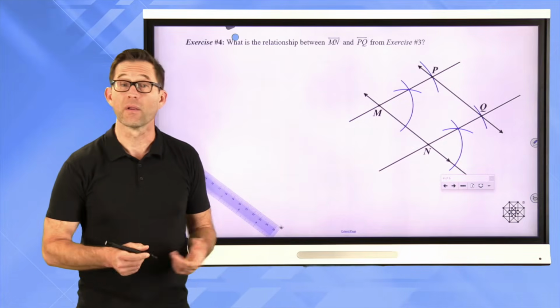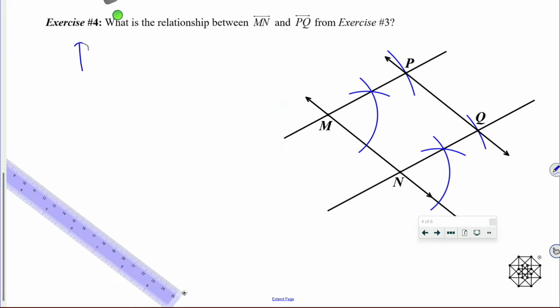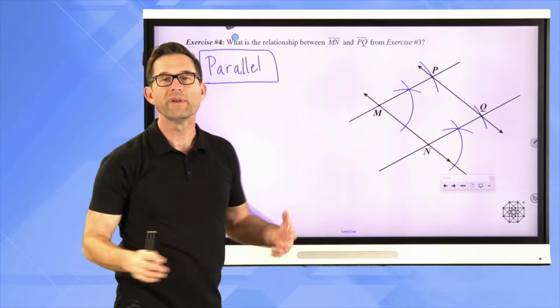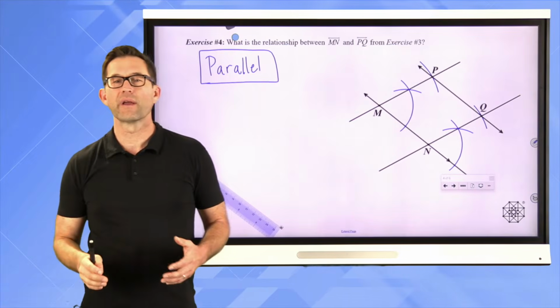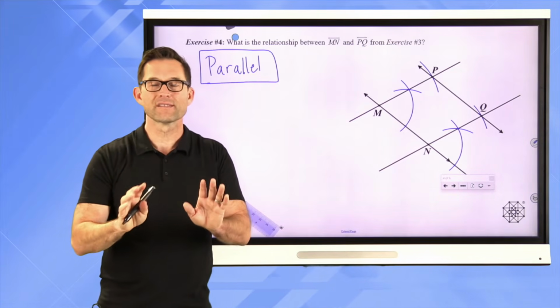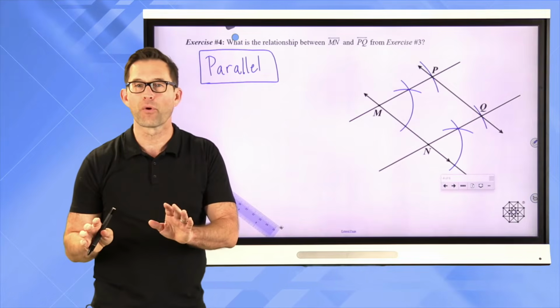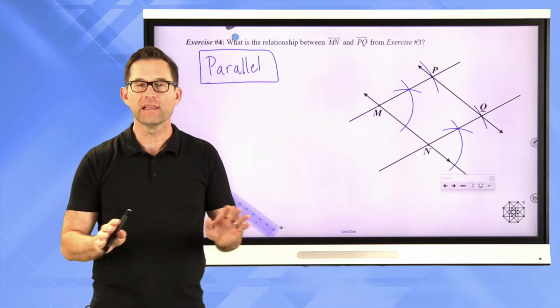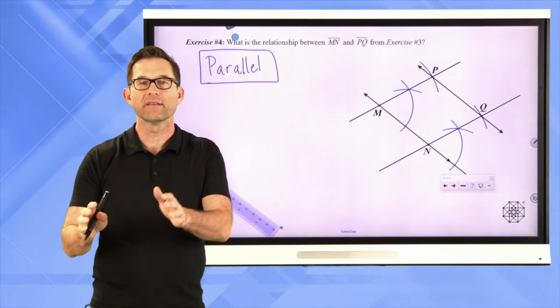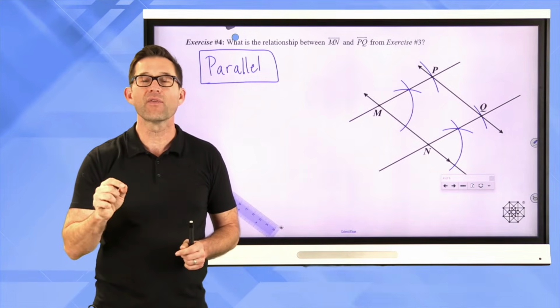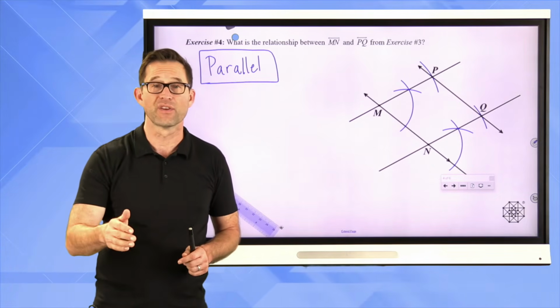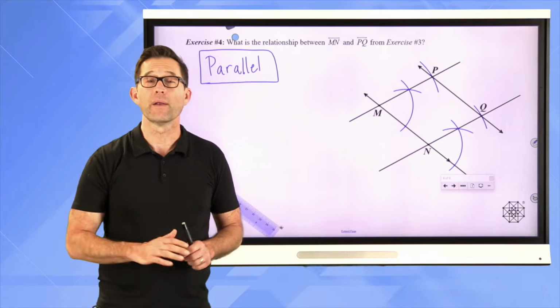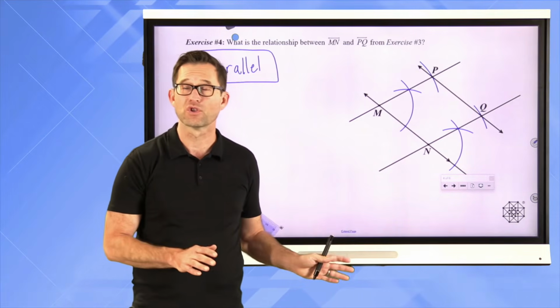All right, well, they're parallel. And remember, we saw that back in our unit on transformations. Translations had this really cool property where if you had any line and you translated the line in a direction not parallel to the line, then the image line was always parallel to the original line.